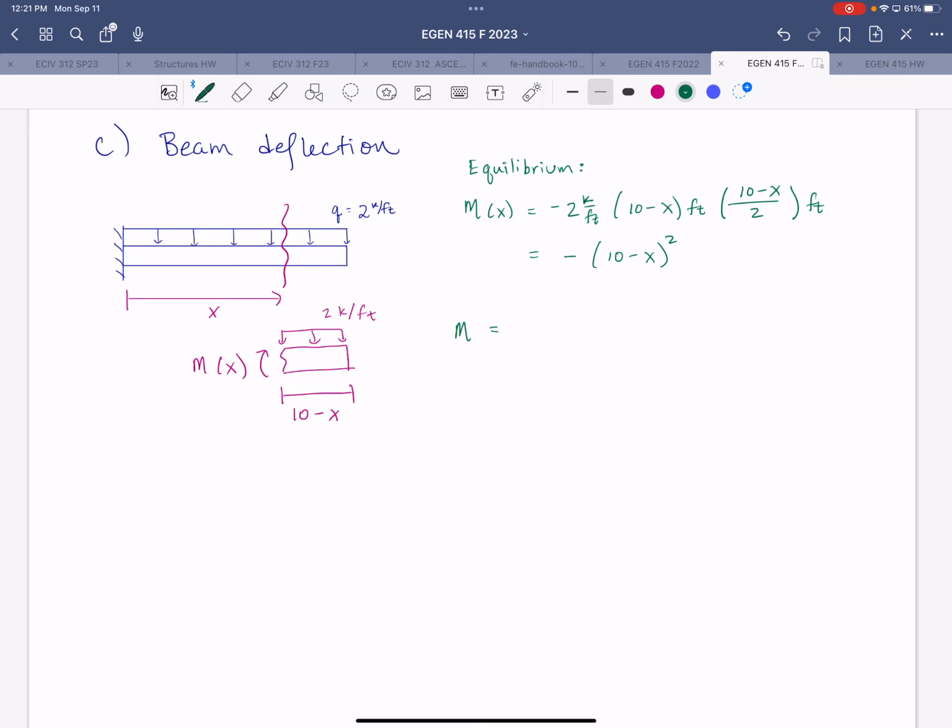And since moment is equal to EI times the second derivative of deflection with respect to x, we set that equal to negative quantity 10 minus x squared and integrate that expression twice to get our deflection.